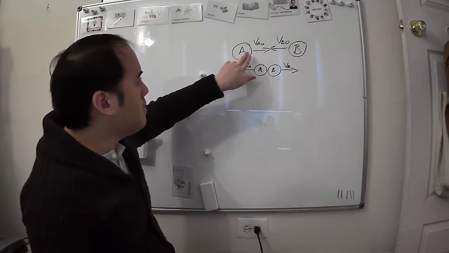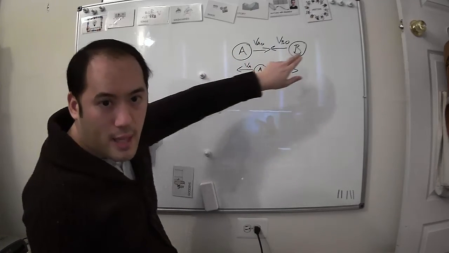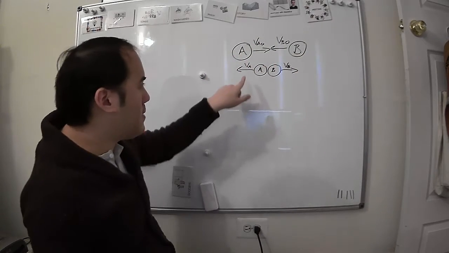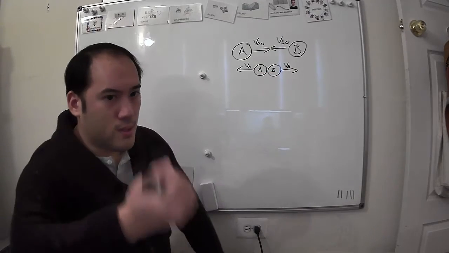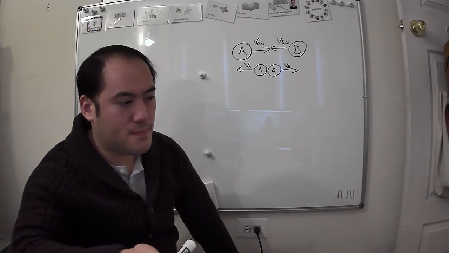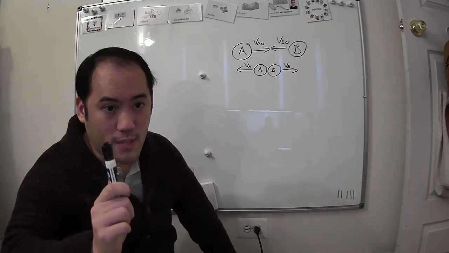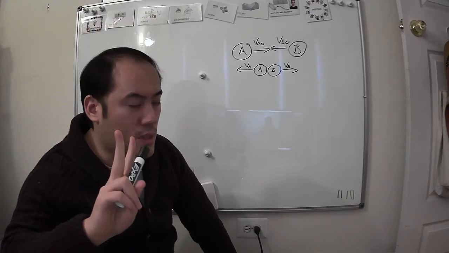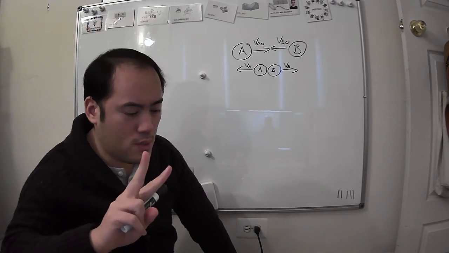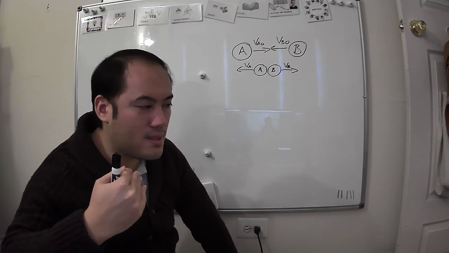If you knew VA naught, VB naught, MA, and MB, but you didn't know VA or VB, you couldn't solve it with just momentum, because there'd be two unknowns, VA and VB, and you only have one equation. But this problem is solvable if you had two equations, and you might.